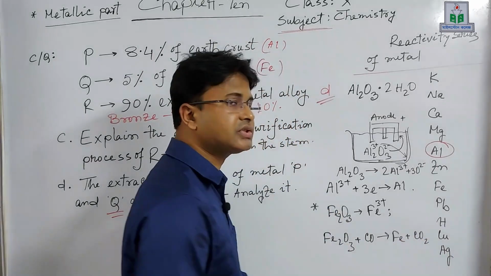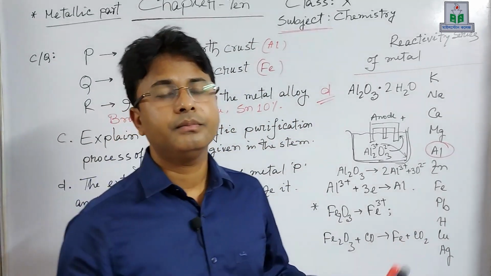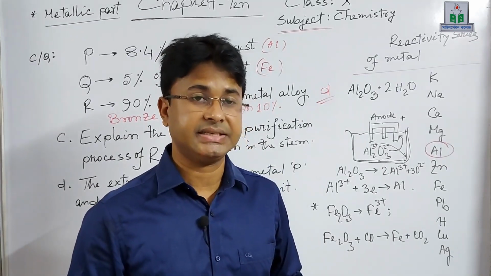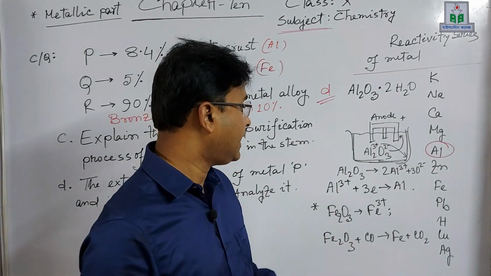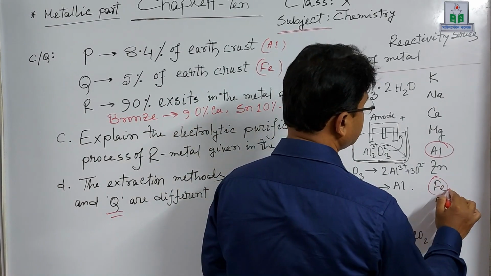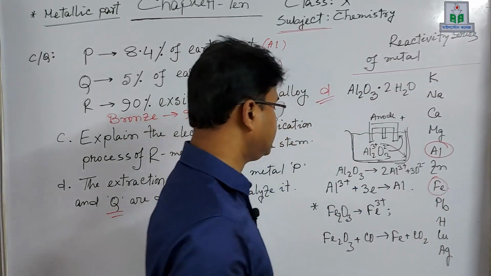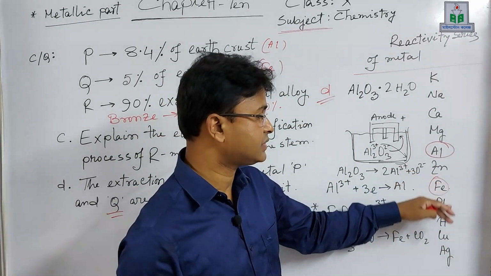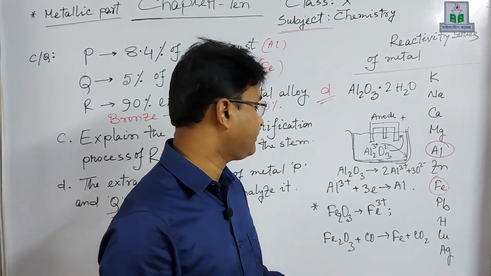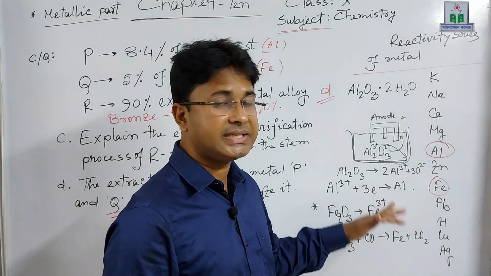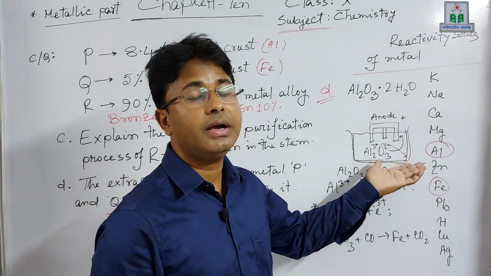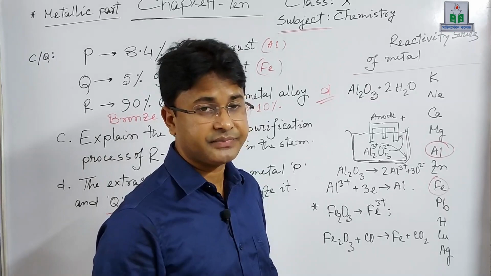Here carbon is a medium reactive reducing agent, as iron is a less reactive metal. So the position of iron is in the lower part of the reactivity series. That's why ferric ion is less stable than the ions of higher reactive metals.